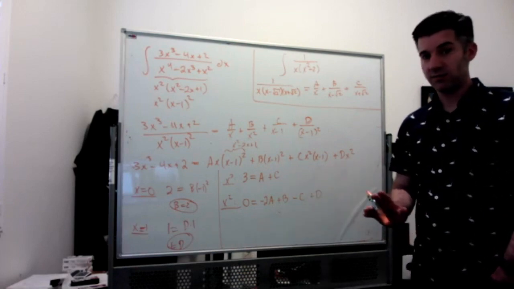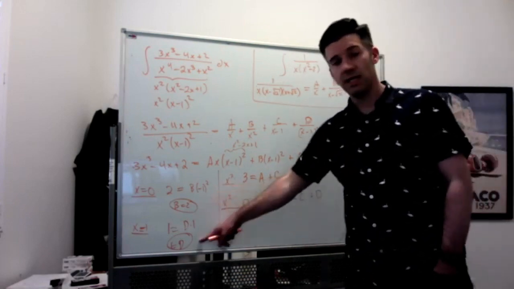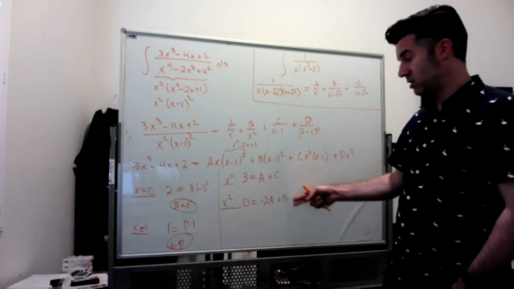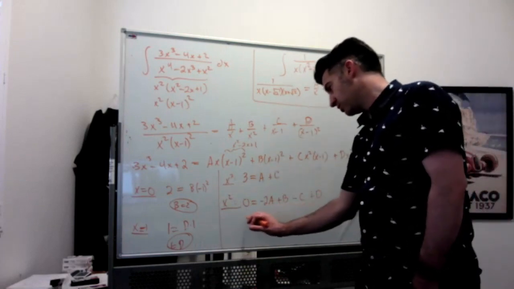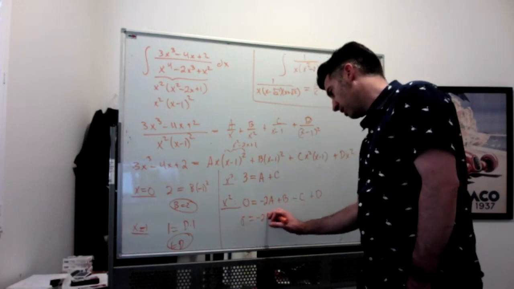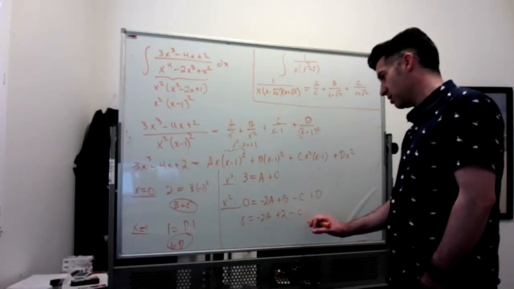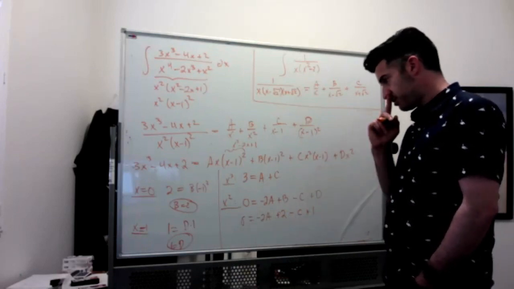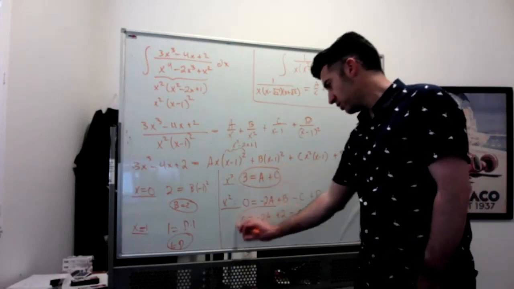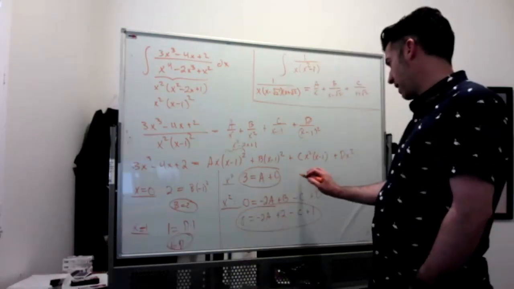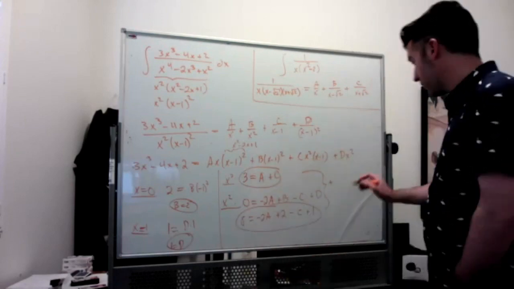Now, this might look like too much, but it's actually just enough. We know b and d, so now we'll have two equations with two unknowns, which you can always solve. So we have 0 equal to negative 2a plus 2 minus c plus 1. And I'm going to add this equation to this equation. So if we add those equations, we get 3 plus 0 on the left.